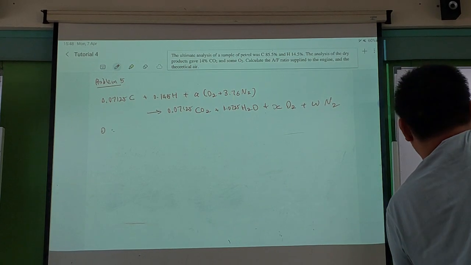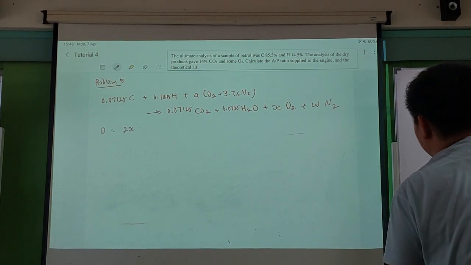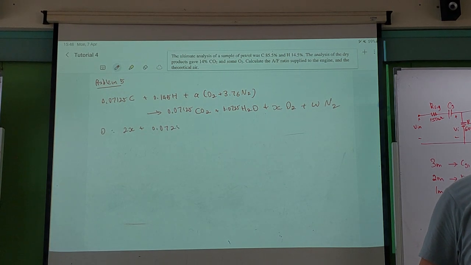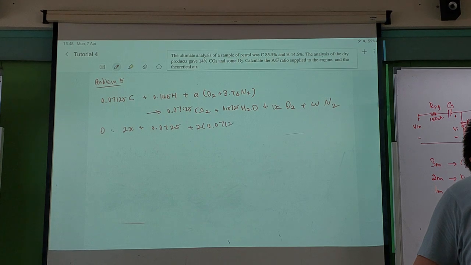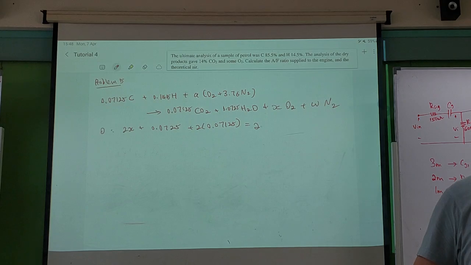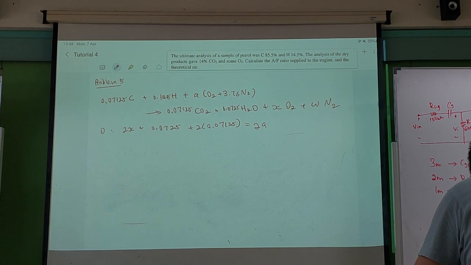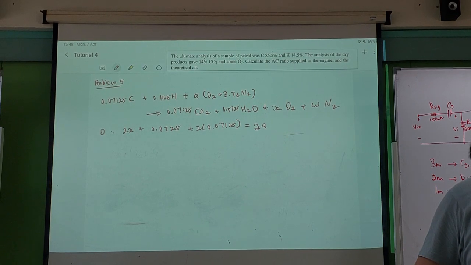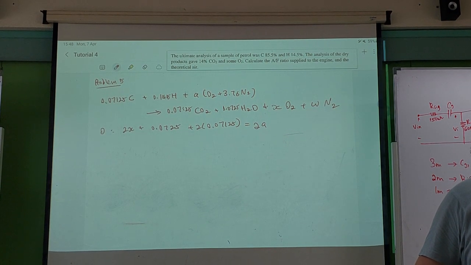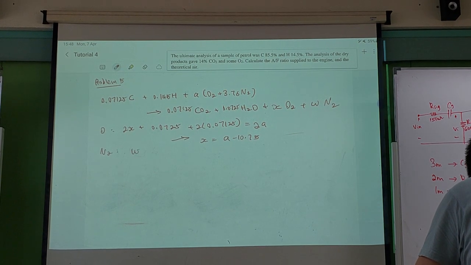So O will be 4x plus 0.0725 plus 2 0.07125 equals to 2A. Correct. And if you look at the N2, then N2 also is just a variable.